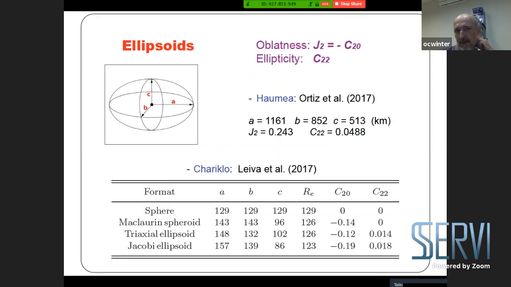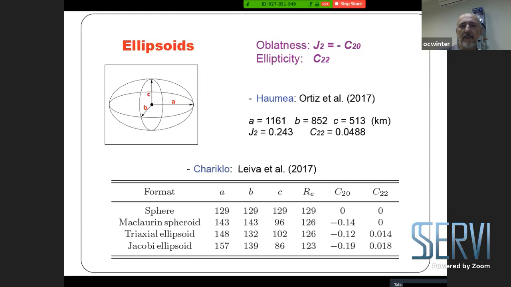So in this work, we are a little bit concerned about the shape of the bodies. In this case, we are going to talk about Chariklo especially. If you think about an ellipsoid, you have semi-axes A, B, and C. From that, you can define two parameters, the oblateness and the ellipticity. The ellipticity is the elliptical shape of the equator of the body.